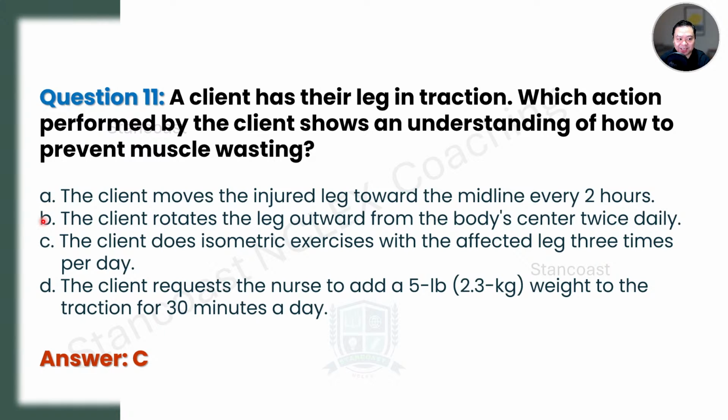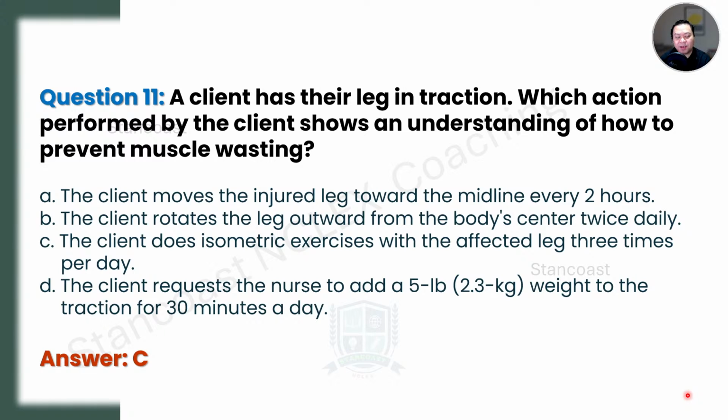If you selected letter B, rotating the leg outward can also disrupt the pull of the traction. Big no. If you selected letter D, the client requests the nurse to add a 5-pound, 2.3 kilogram weight. This is not recommended unless it is prescribed by the healthcare provider.